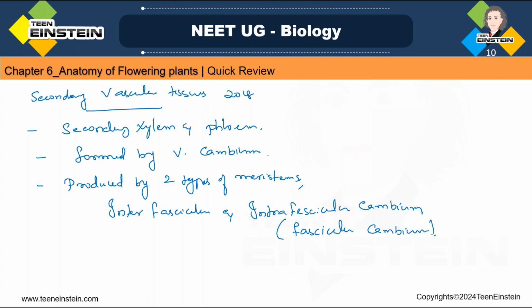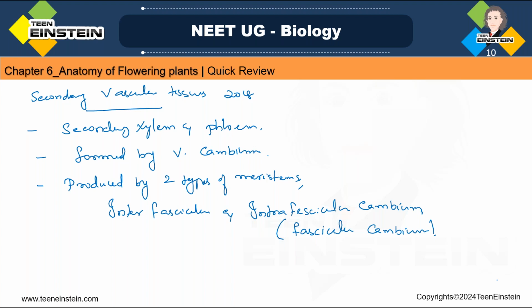So here the points: first, we need to learn that the secondary xylem and phloem in stem are formed by the vascular cambium, and this is produced by two types of meristems, interfascicular cambium and intrafascicular cambium.